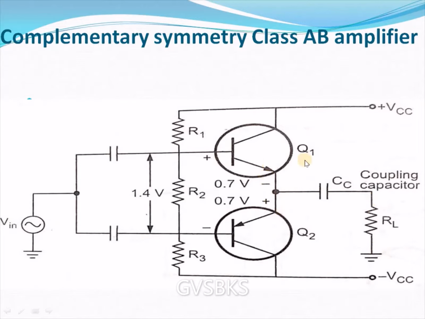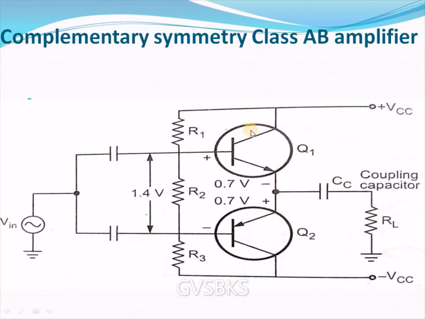One thing we can observe here: Q1 is an NPN type of transistor and Q2 is a PNP type of transistor. In this circuit, we will select the values of R1, R2, R3 in order to provide plus 0.7 volts for the Q1 transistor and minus 0.7 volts to the transistor Q2, so that both transistors will be in the on state even though the input signal is 0.